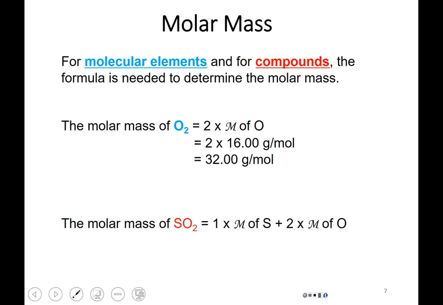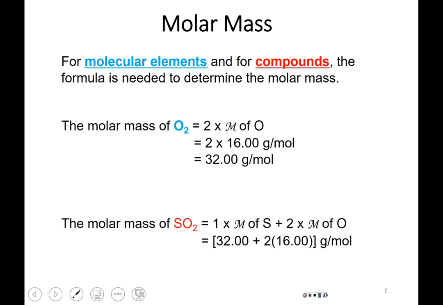Right? If we look at something a little bit more complicated, a molecule that has more than one element in it, so this would be considered a compound, SO2, sulfur dioxide. Well, to calculate its molecular weight, there's 1 sulfur, so we multiply 1 by the atomic mass of sulfur, and then we add 2 times the atomic mass of oxygen.